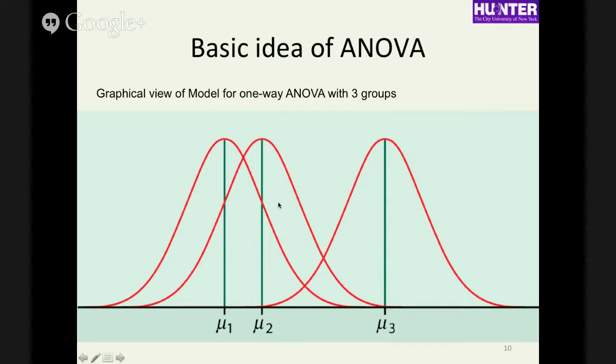So this would be a case where actually all 3 of the populations are different, but you would just need a larger sample size with differences like you see on the left than you need with this difference that you see on the right.